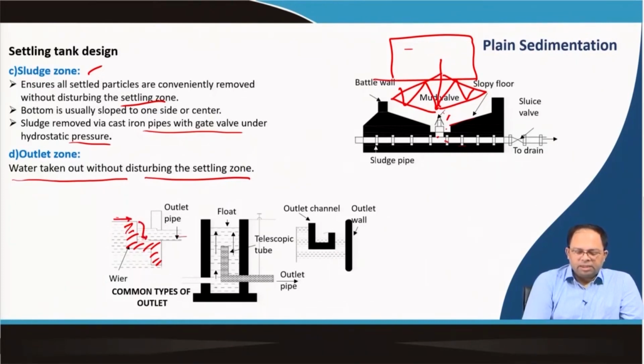Here the water goes up, and then from here we can take it down to the outlet pipe. Then this is an outlet channel inside the chamber where the water moves up and then falls down, and then from here we can take it. So, these are the different kinds of outlet that could be designed as well.